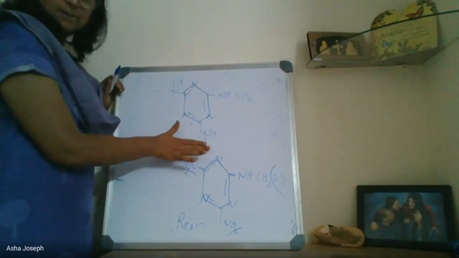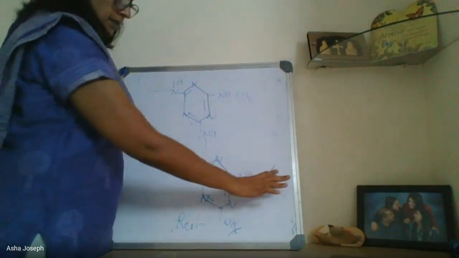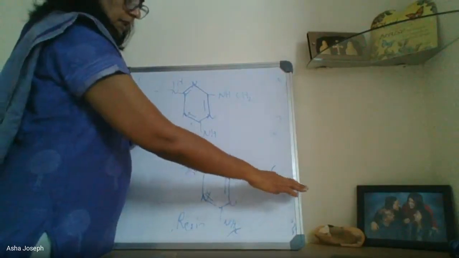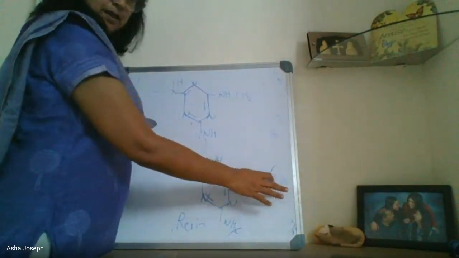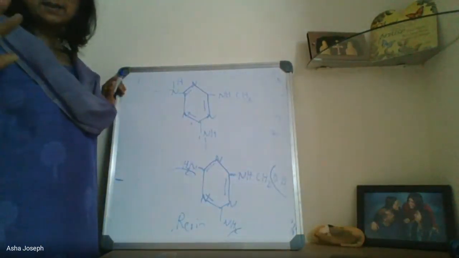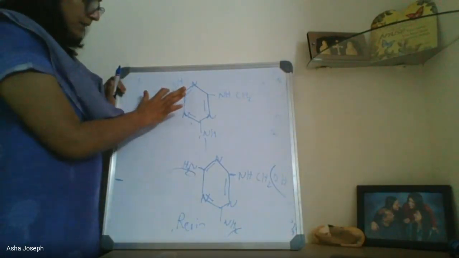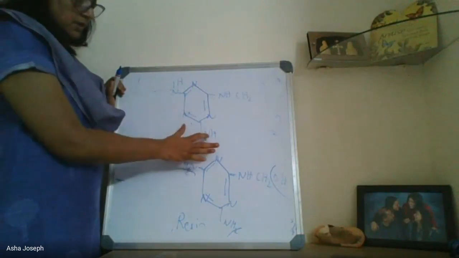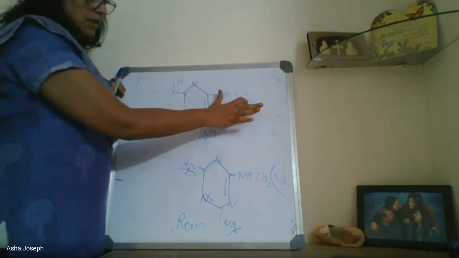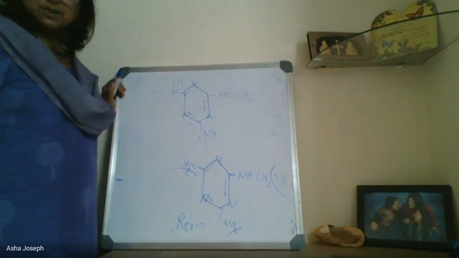Here another will come. And here NH of another resin and OH. So these are the water eliminations, isn't it? So I have to write like NH, H is removed, here H is removed, and here OH is removed. Got it? Got it, ma'am.